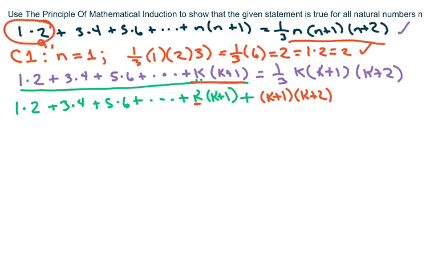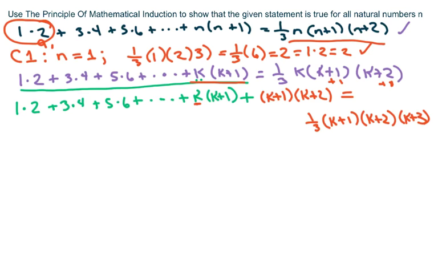And then on the right side, we have 1/3 k plus 1 times k plus 2 times k plus 3. I'm adding 1 to all of these and getting my next term.